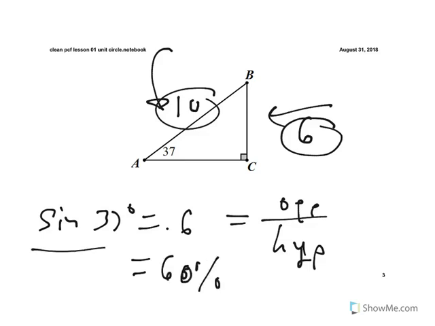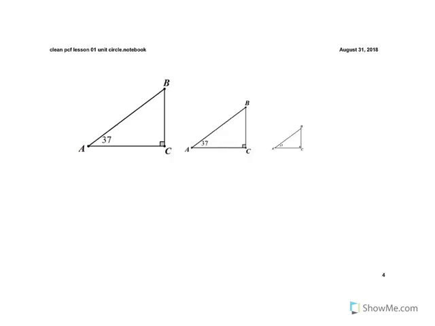The fact that sine 37 is 60% means that in a triangle that's 37 degrees and 90 degrees, the side opposite the 37-degree angle, which is going to be smaller than the hypotenuse, is actually 60% of the hypotenuse. So, if this is 10, this is 6, and if this is 5, this thing would be 3, 60%.